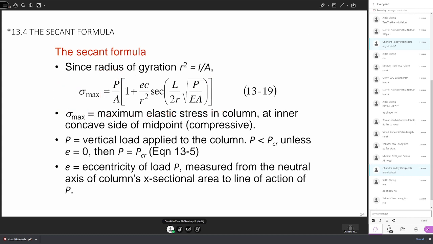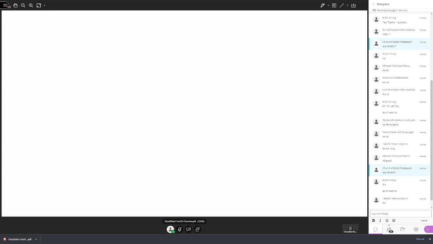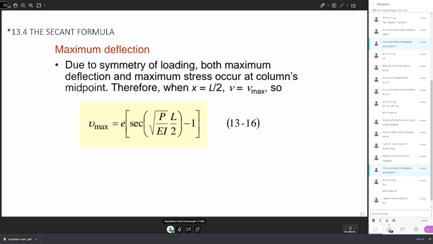In buckling of columns, again, it will be a question in the end of term exams. Most of the time you may be using the secant formula. There are two secant formulas: one to find the maximum stress and the other to find the maximum deflection.